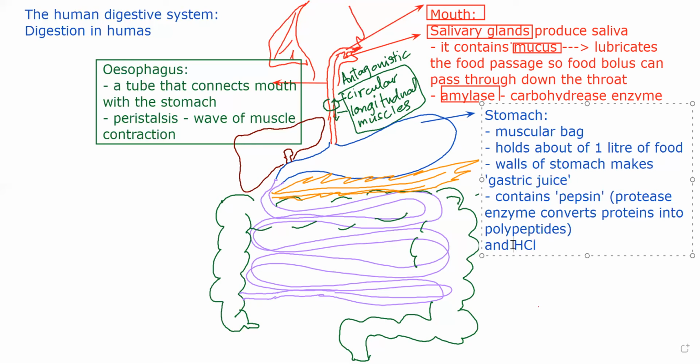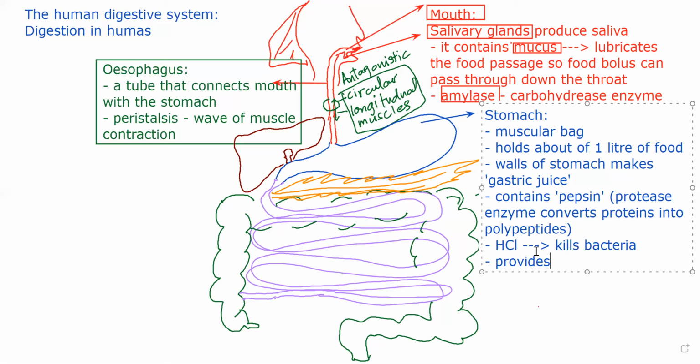HCl kills bacteria. Also, it provides optimum pH for pepsin.